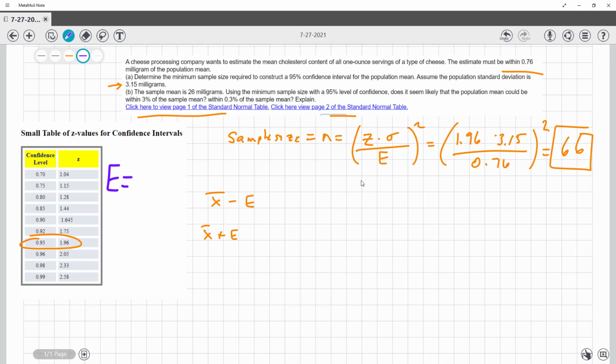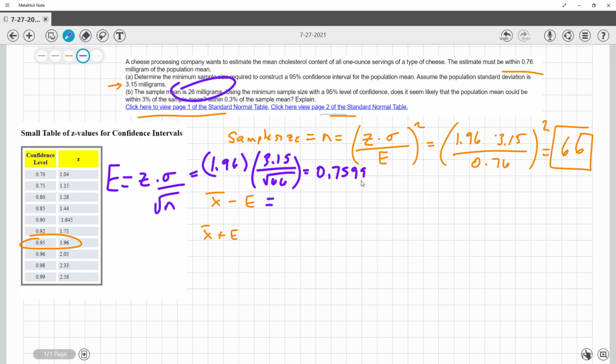The error is z times the standard deviation over the square root of the sample size. In our case it was 1.96 times 3.15 over the square root of the sample size of 66, and you will get 0.7599, or 0.76.